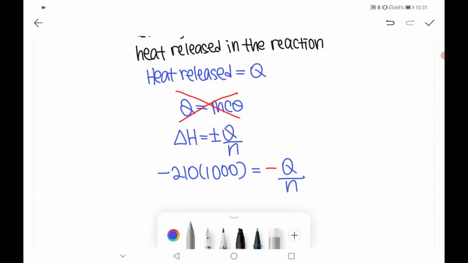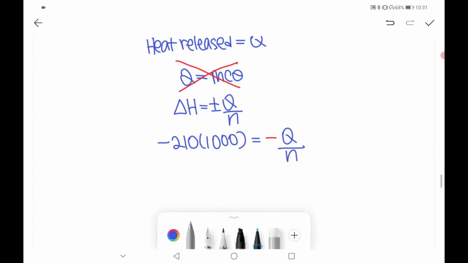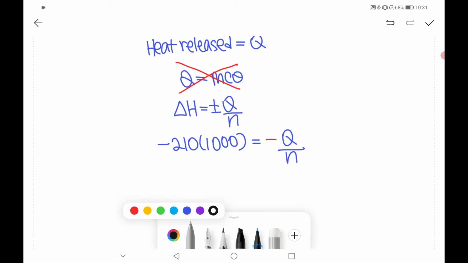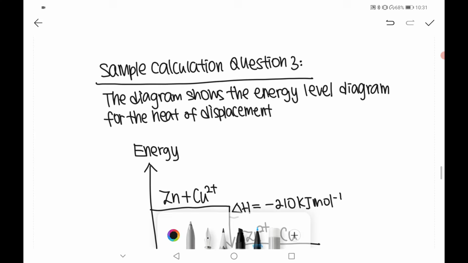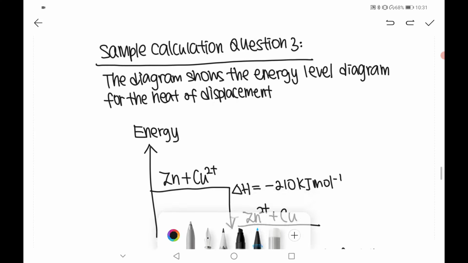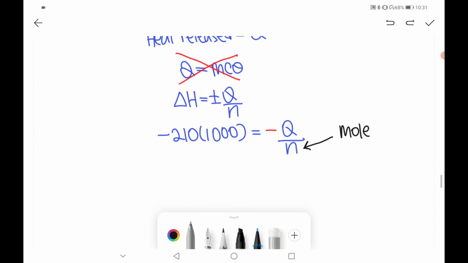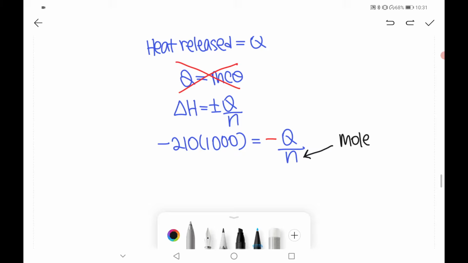What is the n here? N is the mole. What is the mole that we are supposed to find? Remember, we are doing the calculation for heat of displacement. In heat of displacement, the most important thing is we want to kick the metal out from the solution. So the mole refers to the mole of the metal that is displaced.